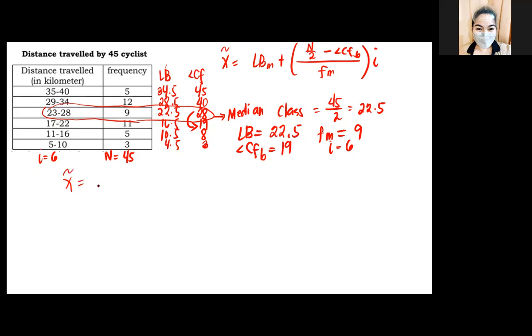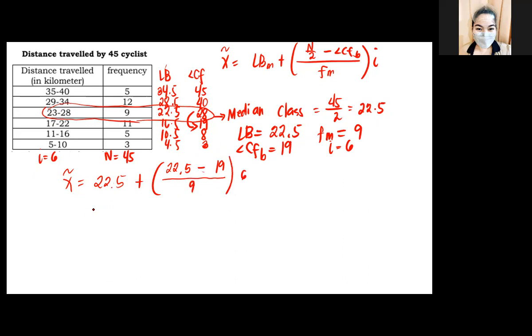Our median is equal to the lower boundary, 22.5, plus of its median class, or n divided by 2, 22.5, minus 19, the CF, sundan nyo lang to, itong formula, divided by the frequency, which is 9, times 6.